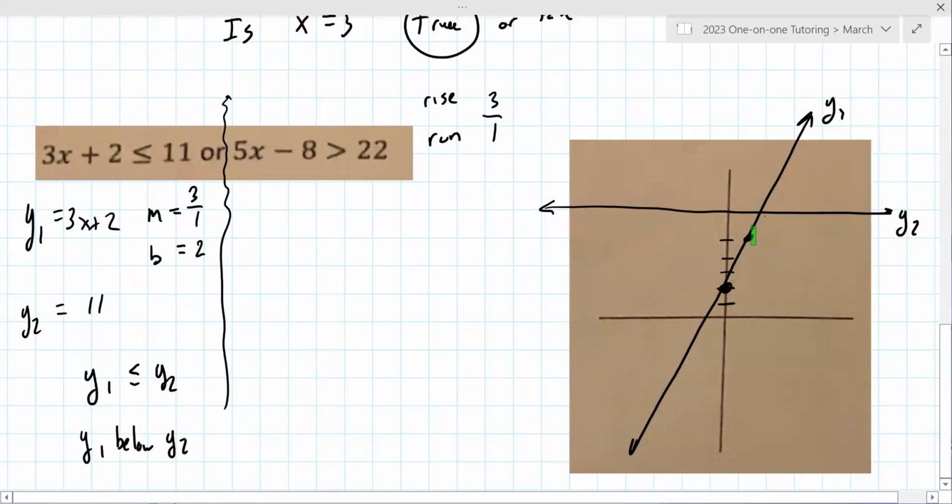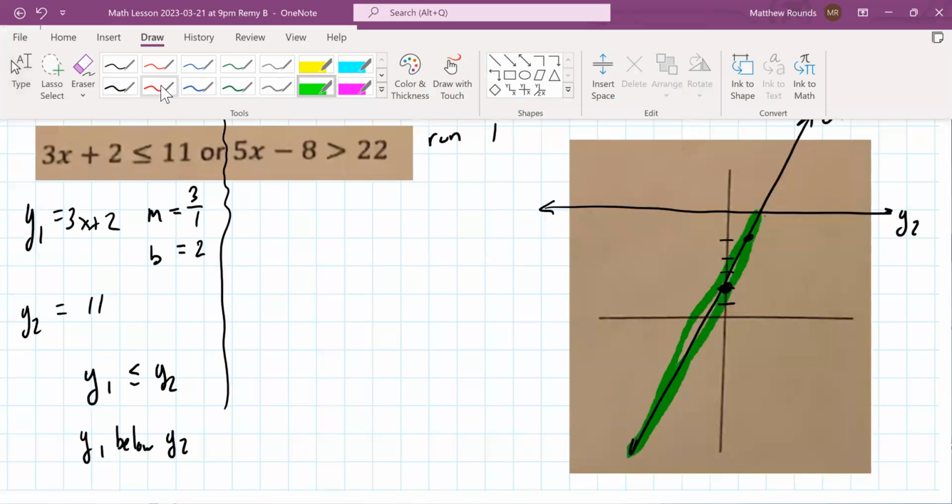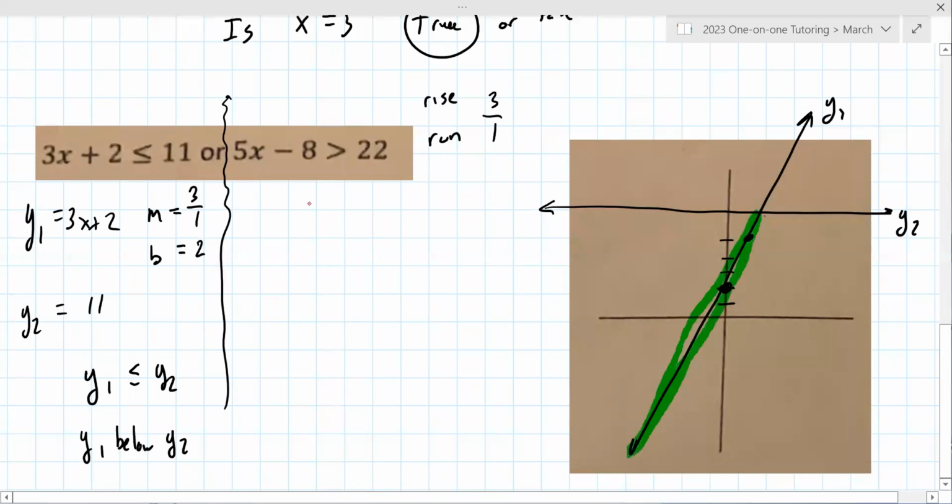I'm kind of confused on that. So it's this region right here. You see how the y1 line is underneath y2? Yeah. It's top and bottom. y1's bottom, y2 is top. Okay.